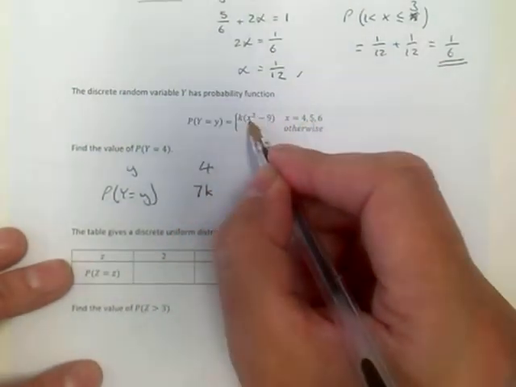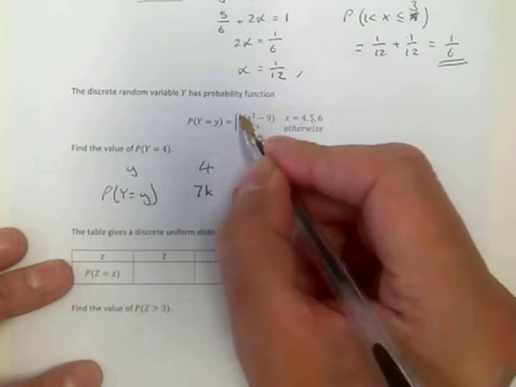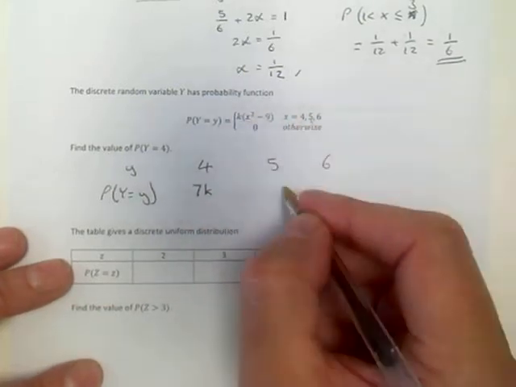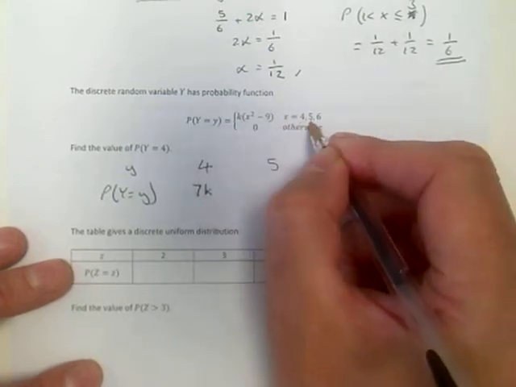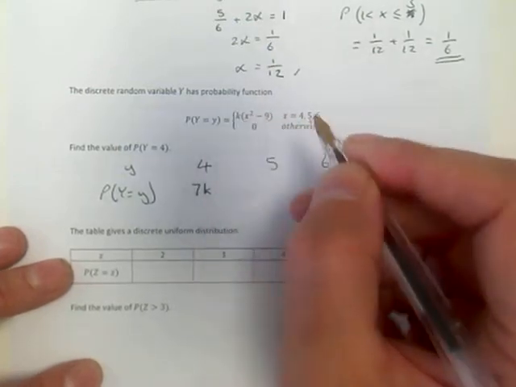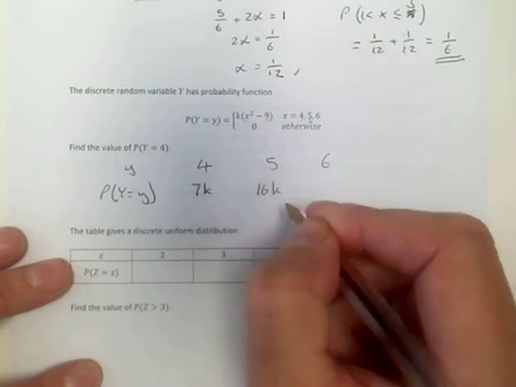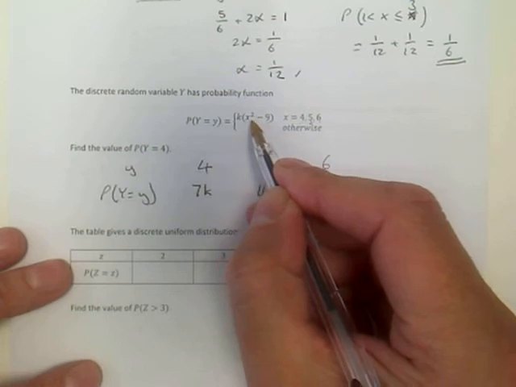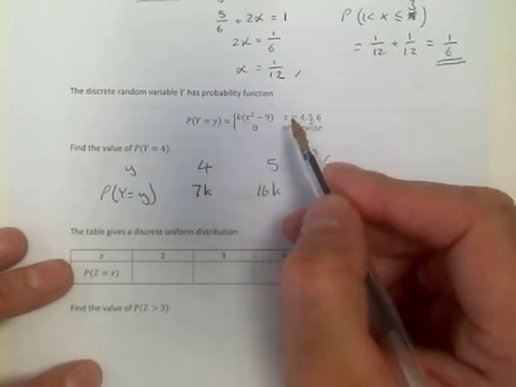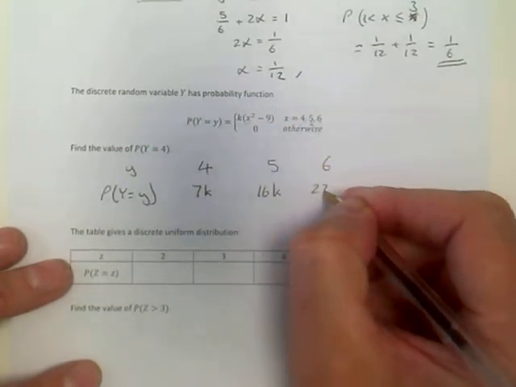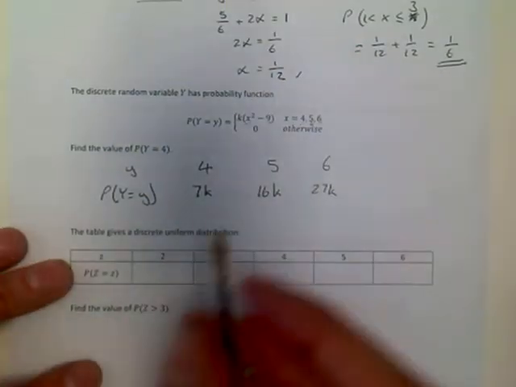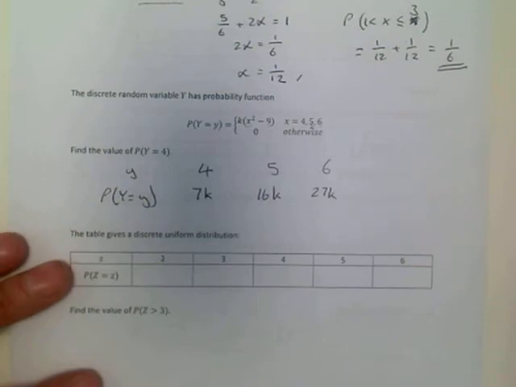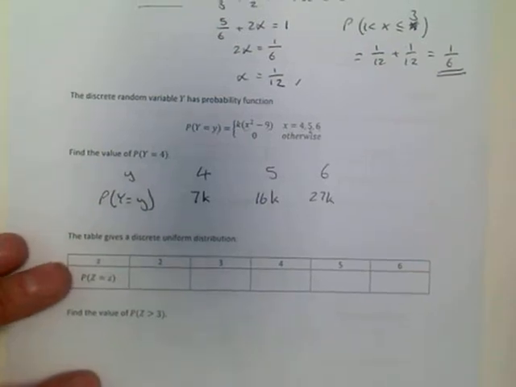If I put 5 into here, don't forget it's the value of x that is going to give me the probability, so that becomes 5 squared minus 9, which is 16. 16 times k is that, and the same thing with the 6, so 6 squared is 36 minus 9 is 27k. So that and that are different ways of expressing the same thing.